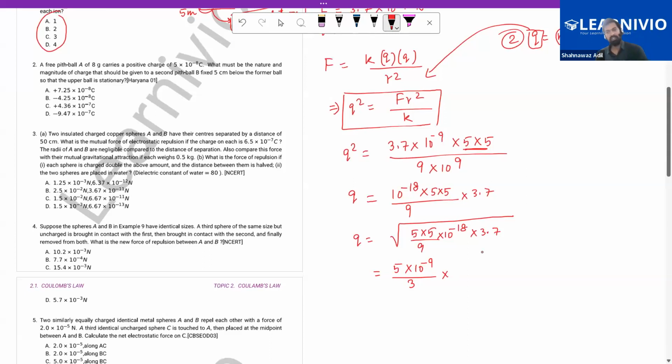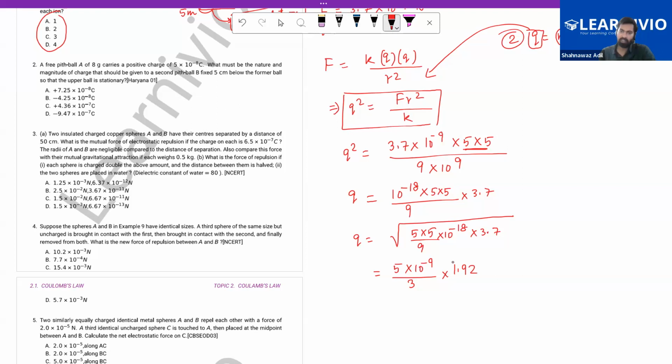So now we have to use the calculator, right? What is this value? The root of 3.7 is 1.92, and then multiplied by 5 and divided by 3.